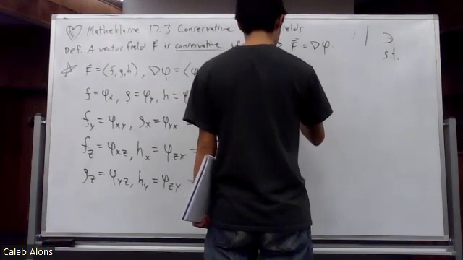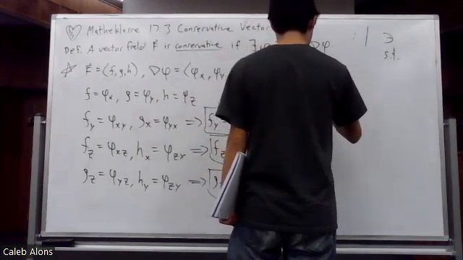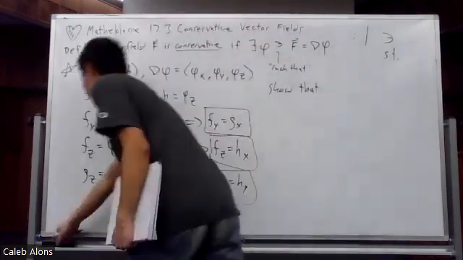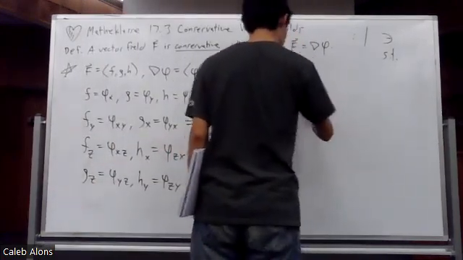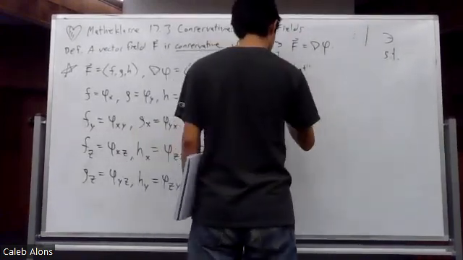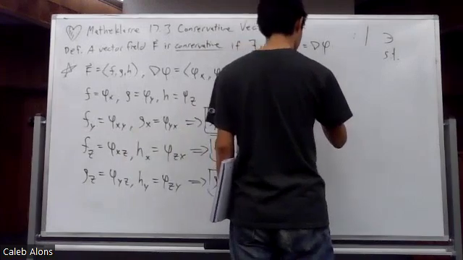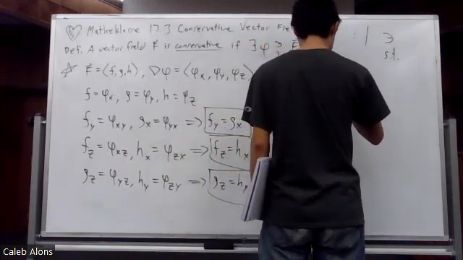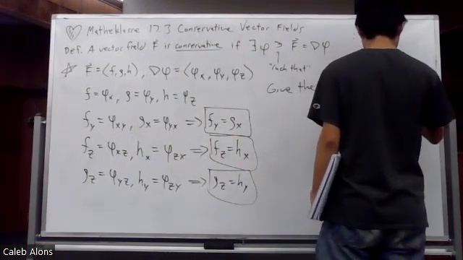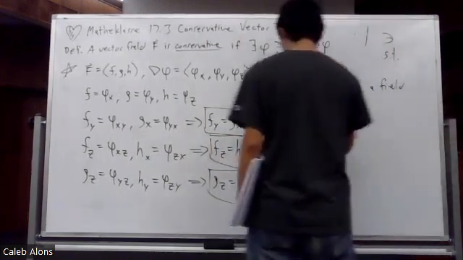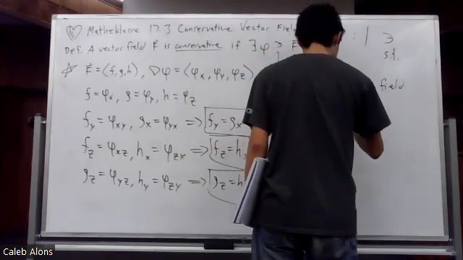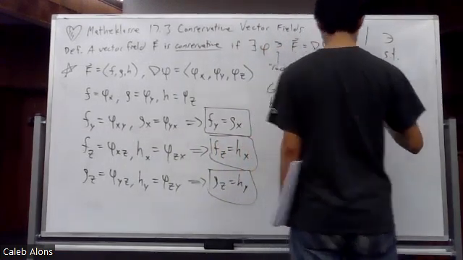Show, or basically give, the test for a field being conservative in R2.